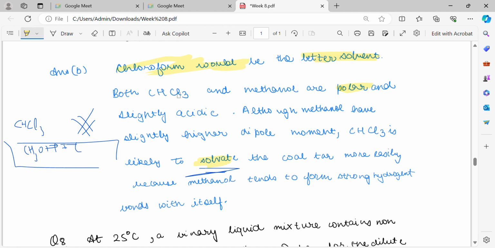Both CHCl3 and methanol are polar and slightly acidic. Although methanol has a slightly higher dipole moment, CHCl3 is likely to solvate the coal tar more easily because methanol tends to form strong hydrogen bonds with itself. So why will it form bonds with itself?